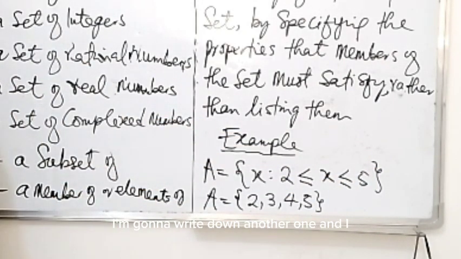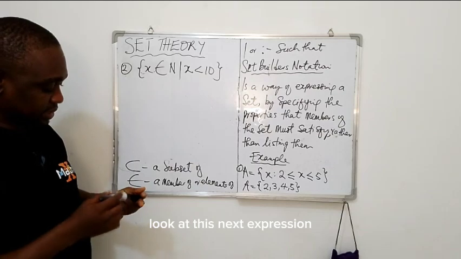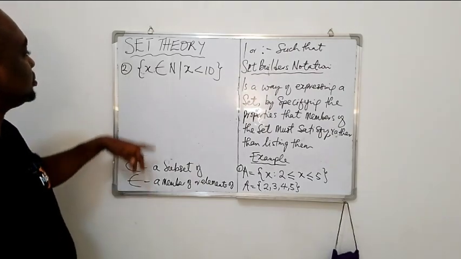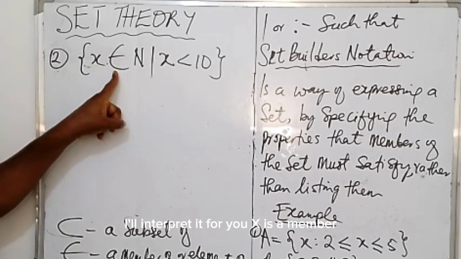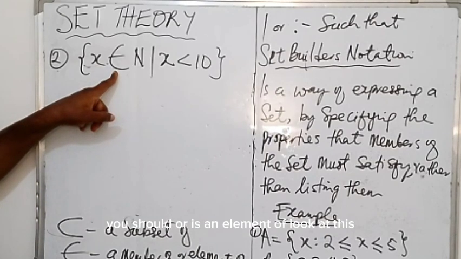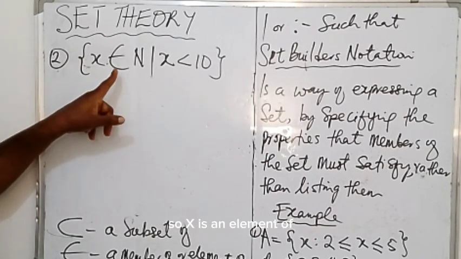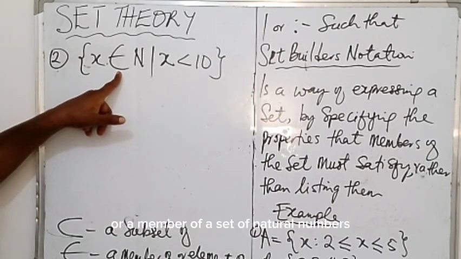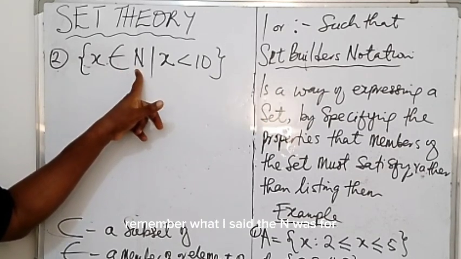I'm going to write down another one, and I'll make it a more complex set. My dear students and viewers, look at this next expression. I'll interpret it for you. X is a member, or an element of, look at this, it's the same symbol. Told you we would use it again. So X is an element of, or a member of, the set of natural numbers. Remember what I said the N was for?